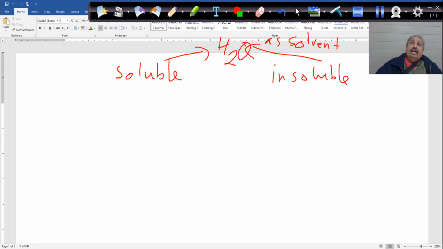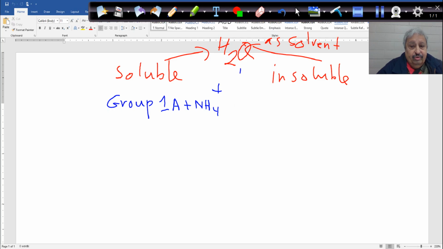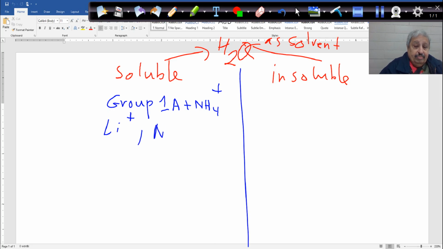So you will see that group 1A and ammonium cations are always soluble, regardless. 1A means you have lithium ion, sodium ion, potassium ion, all the way to cesium and francium ion.